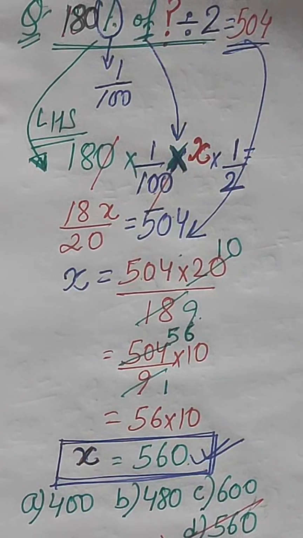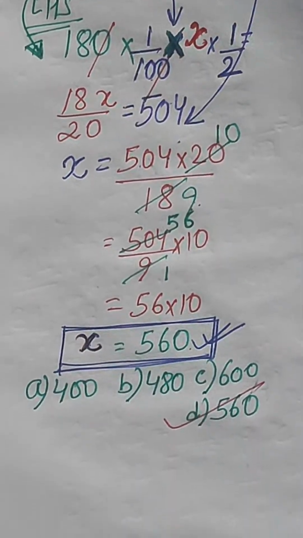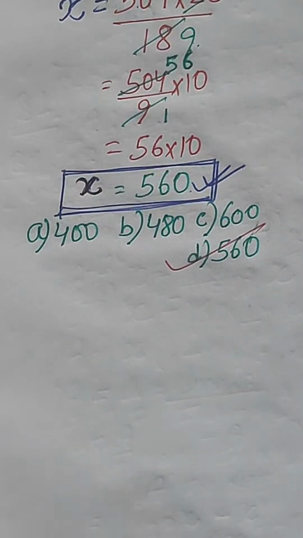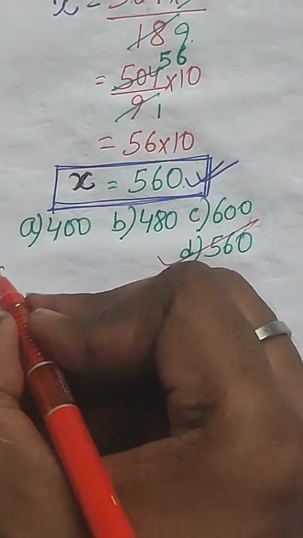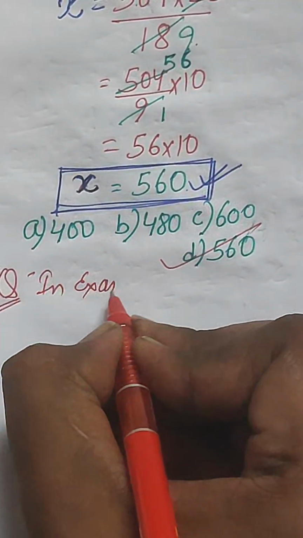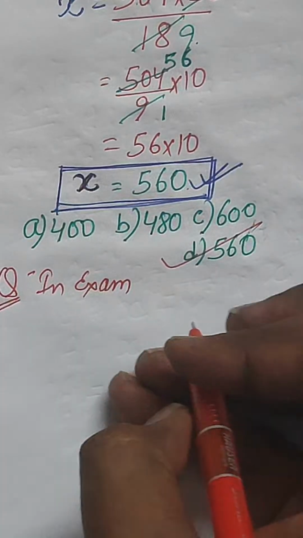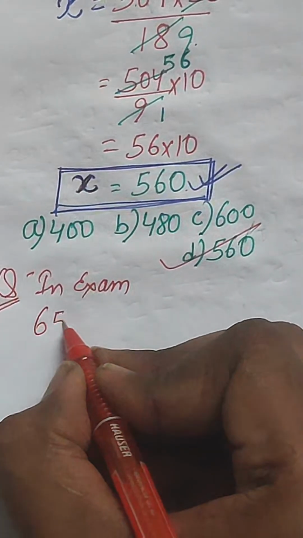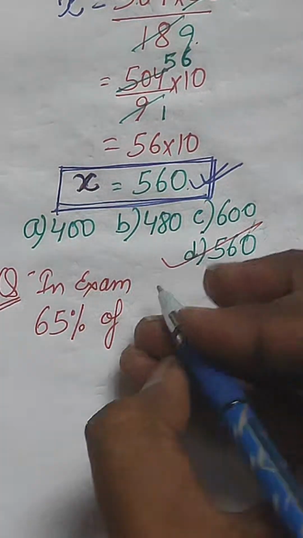So, students, I think we are okay to continue. We are taking another question. In an examination, 65% of total examinees passed. 65% of what?